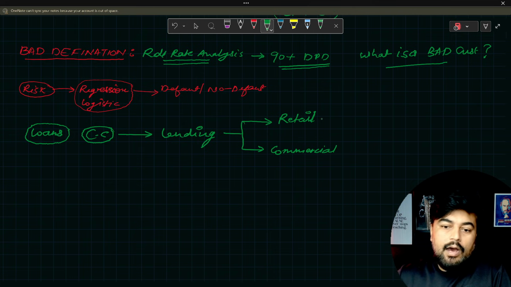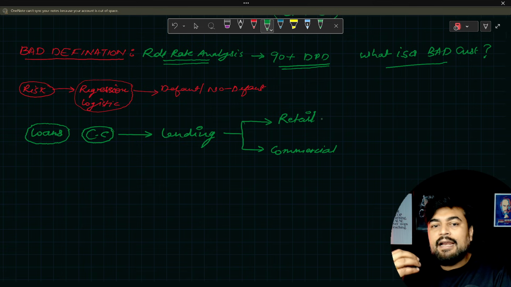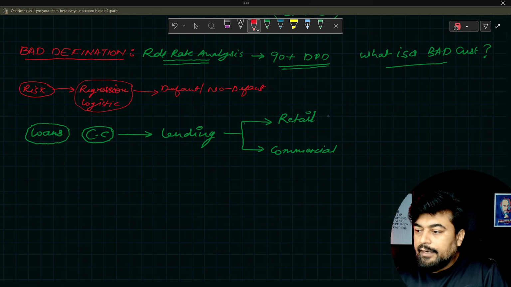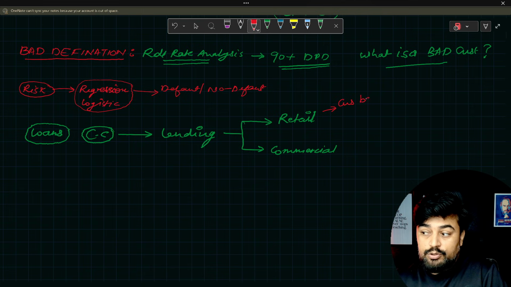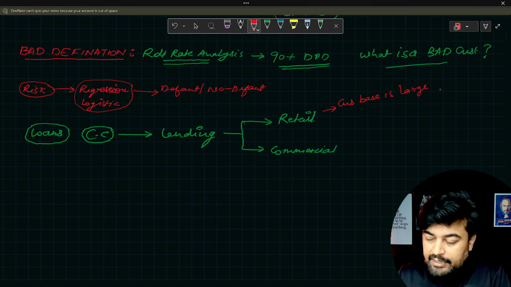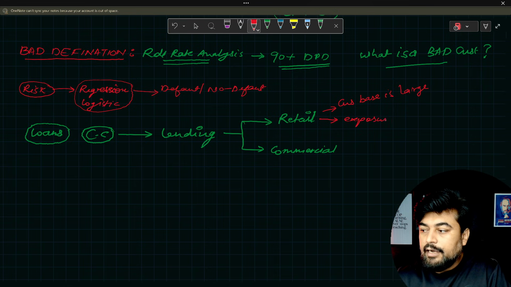Retail are usually those products like savings account, current account, where an individual person is involved. So in retail lending, the customer base is usually large. Because how many people would be using the credit card? Thousands, lakhs of people. So the customer base is large, but the exposure to risk is low. I'll tell you how.